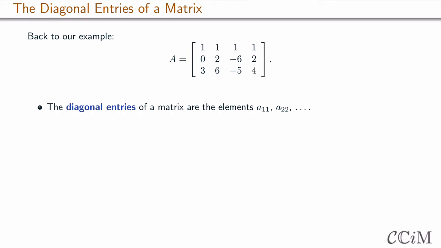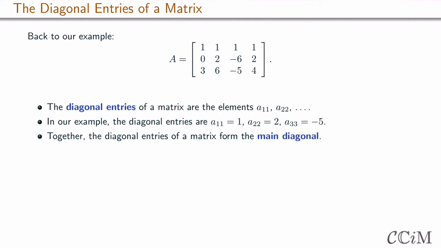Let's go back to the original example of our matrix A. The diagonal entries of that matrix are those entries where the column and row have the same index. So this one right here, this one, and this one, those form the diagonal entries because this first one is A11, the next one is in location 2,2, and this one here is in location 3,3.